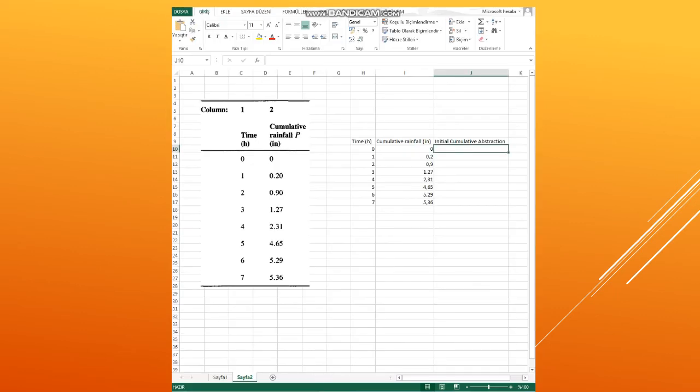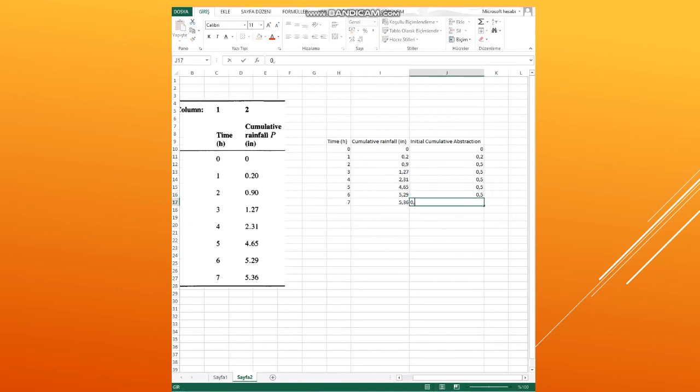And when we go back to our initial cumulative obstruction, the first one is 0. Then when the cumulative rainfall is 0.2, it's gonna be 0.2. It's gonna be same because it's not over 0.5. Then here 0.9, so I need to plug here. Right now 0.5.